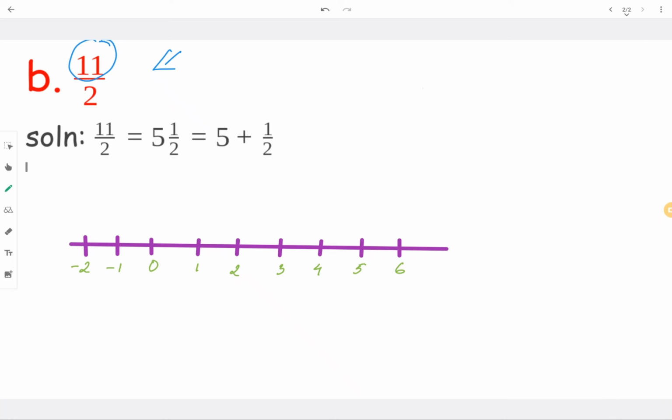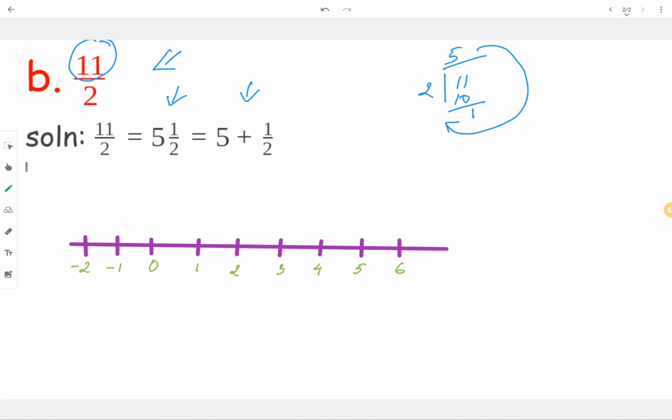You first have to divide it, okay? So if I divide it, 2 5s are 10, then I'll be left with 1. So you have to write this clockwise, so it'll come like this, right? Which means 5 1 by 2, as you can see here. So remember, this 5 1 by 2 is the same thing as 5 plus 1 by 2, 5 plus half, alright?